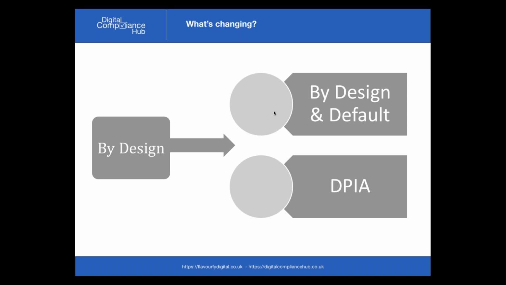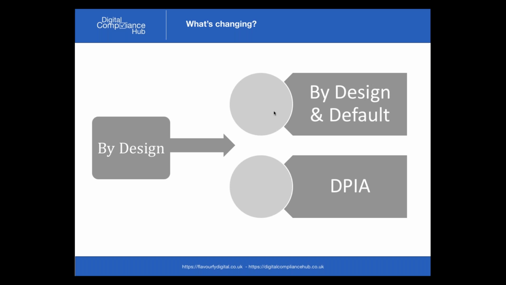So not as an afterthought, but as part of the design and development of the project. And you can use a tool like the data protection impact assessment, which is a risk management tool that essentially enables you to determine that your processing is done with data protection in mind.